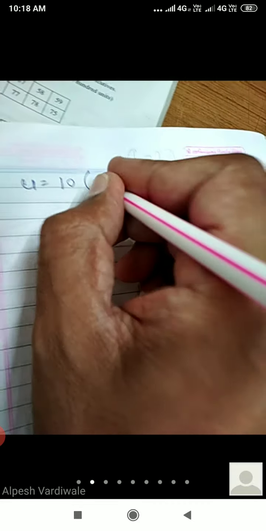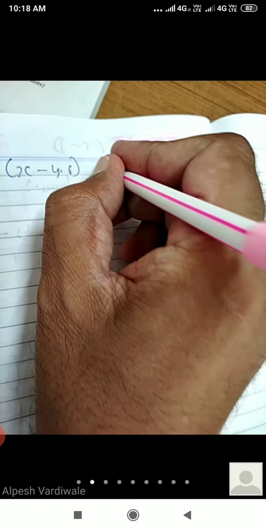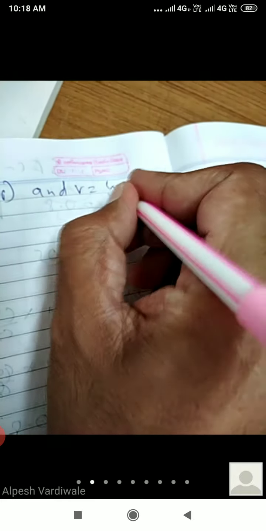Okay, so now question number 3. What is given here? U equals to 10 x minus 4.6 and V equals to y minus 75.